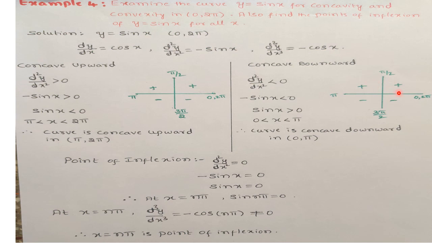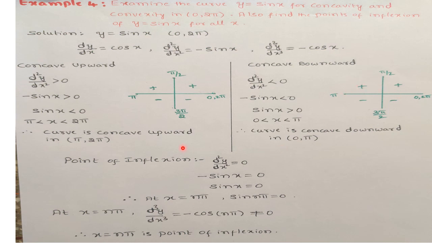First quadrant means 0 to pi by 2, second quadrant means pi by 2 to pi. That means in the interval 0 to pi, sin x is positive. Pi means 180. In 0 to pi, the curve is concave downwards in this interval.